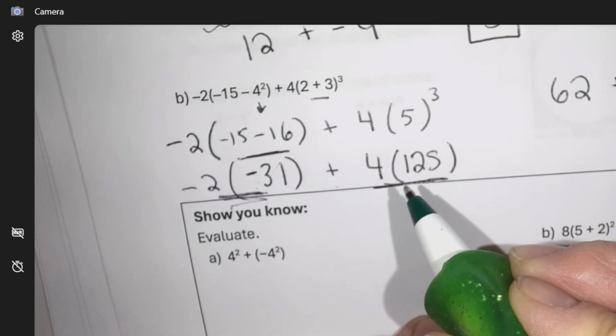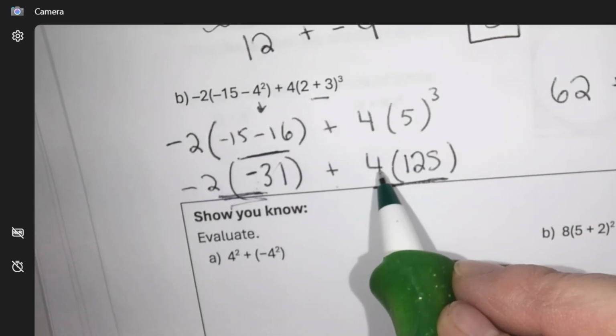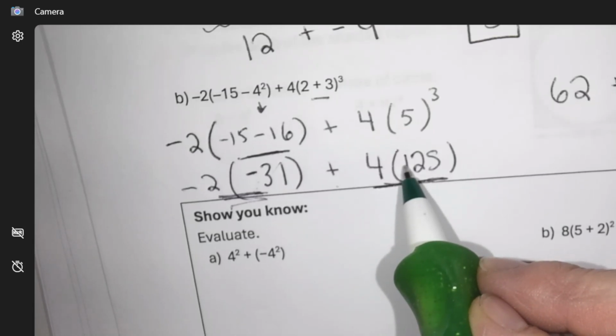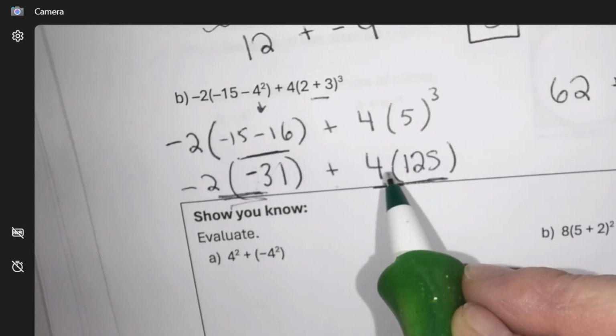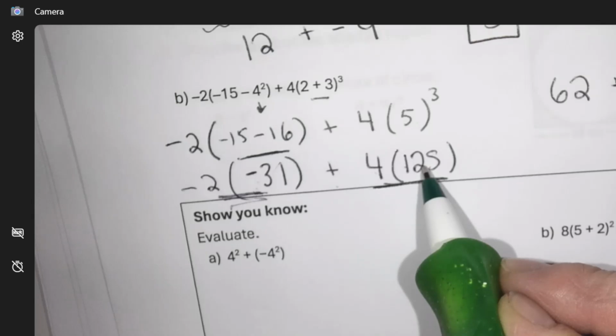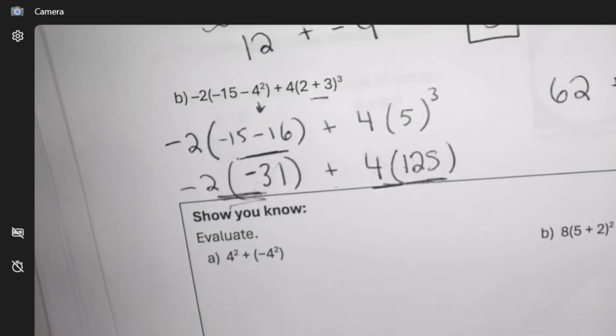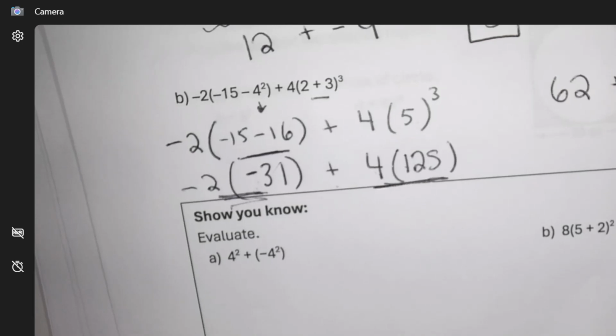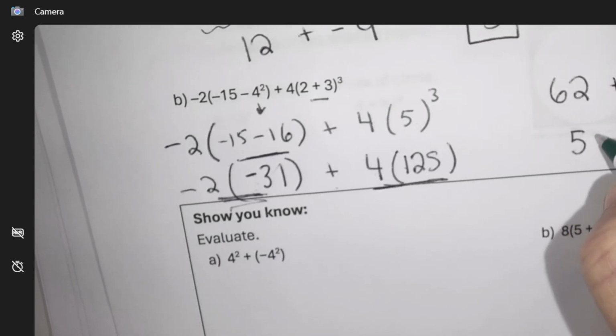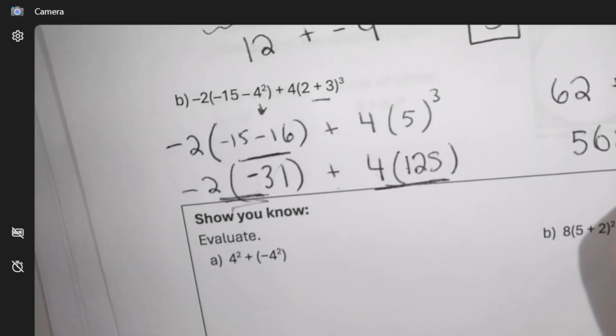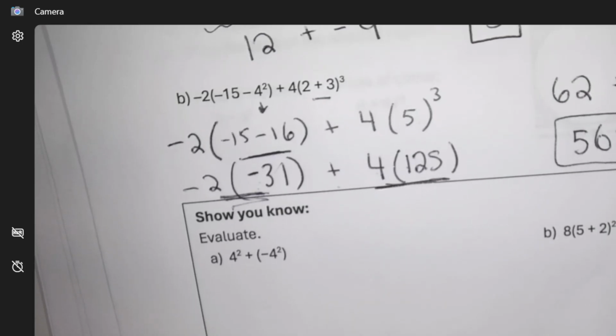So you can do this without your calculator. 4 of the hundreds is 400, and 4 of the 25s is 100 more, so 500. So 562.